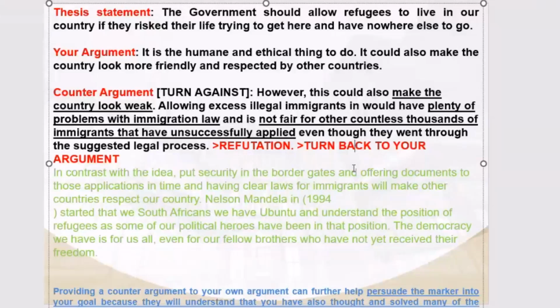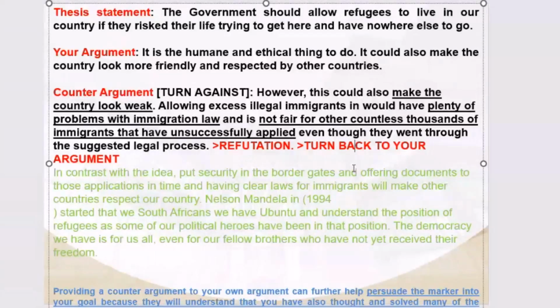And then you say that Nelson Mandela, now this is you going back to your original argument about opening up for the refugees, where you say Nelson Mandela in 1994 stated that we have Ubuntu and understand the position of refugees, as some of our political heroes have been in that position. The democracy we have is for us all, and even fellow brothers who have not yet received their freedom.